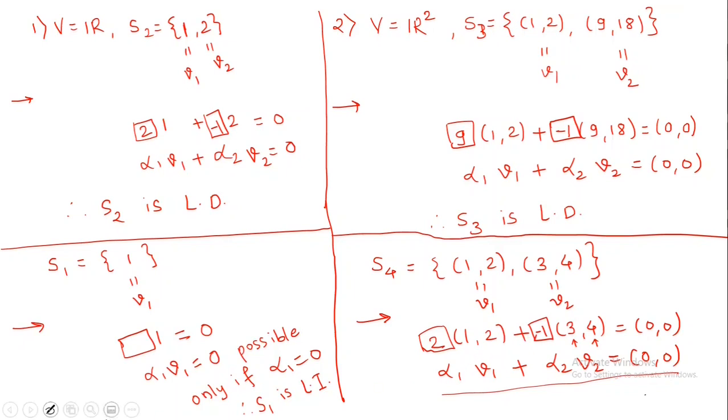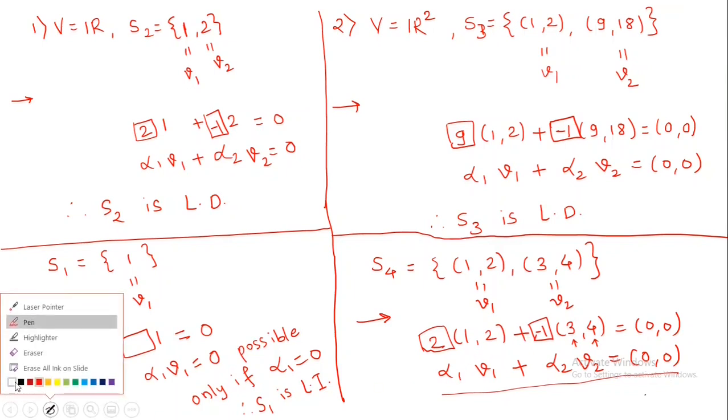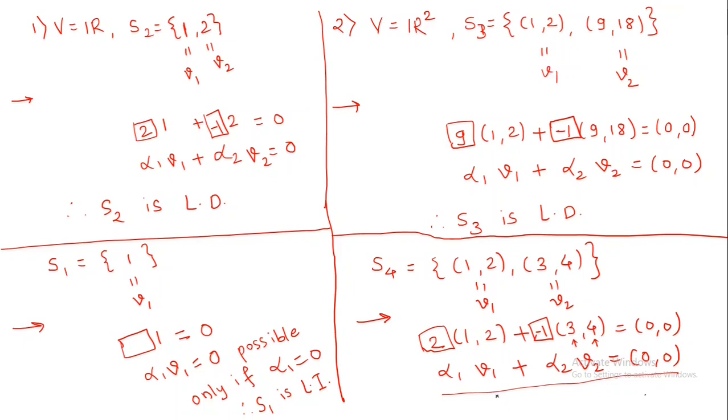But what will happen again is that over here I will get 2 comma 4 and over here I will get -3 comma -4. Again I will not get a 0 vector, right? Because I will get only the second coordinate to be 0. My first coordinate is -1. You can easily see that.